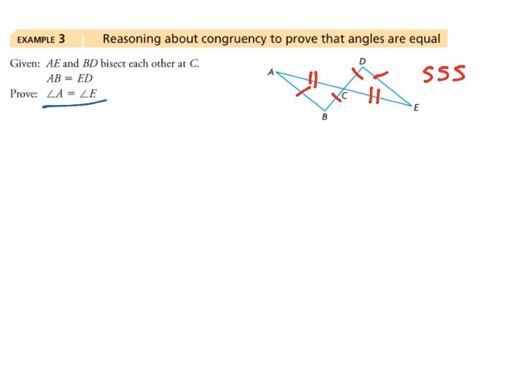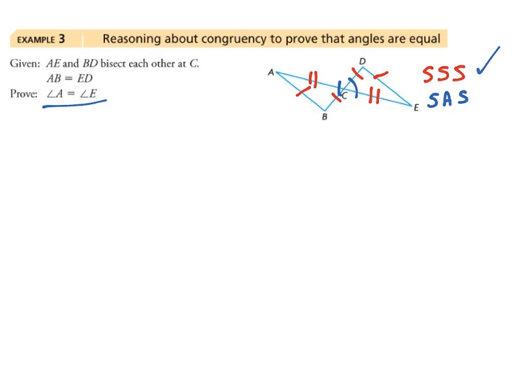But also, you might not see this, these two angles right here are vertical angles, so you could prove this question using SAS. What's easier is probably SSS, and I'm going to use that to show these two triangles are congruent. Then, once these are congruent triangles, I'll prove that angle A and angle E are equal, because if a triangle is congruent with another triangle, all the angles have to be corresponding, and angle A and angle E are corresponding to each other.